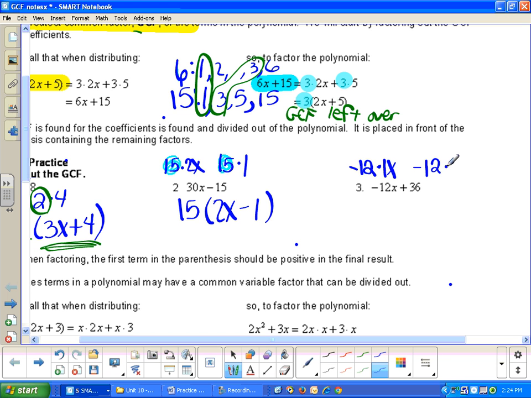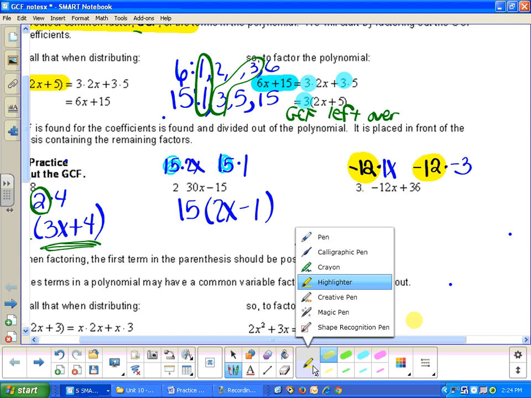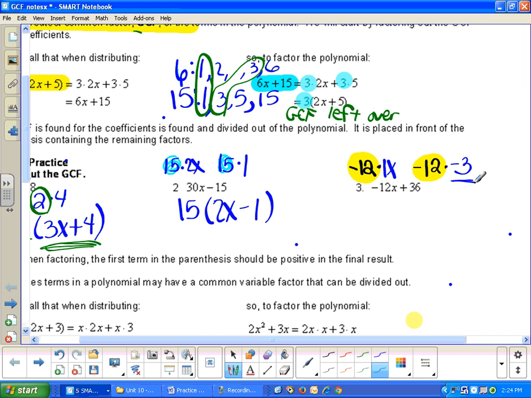Negative 12 times negative 3 equals 36. Notice right here, this sign has to be the same as this one, which means we have to change this so that negative times negative gives us back positive. This one should multiply to give us 36. This one should multiply to give us negative 12x.